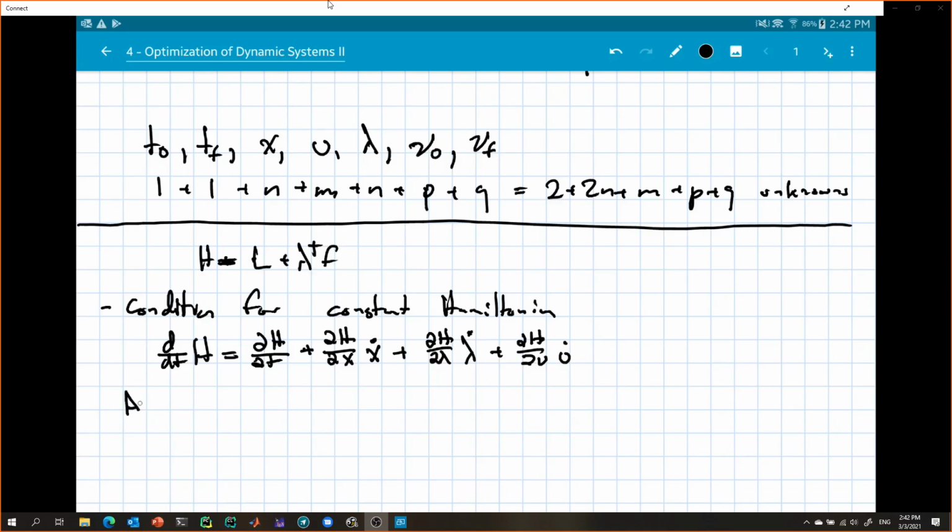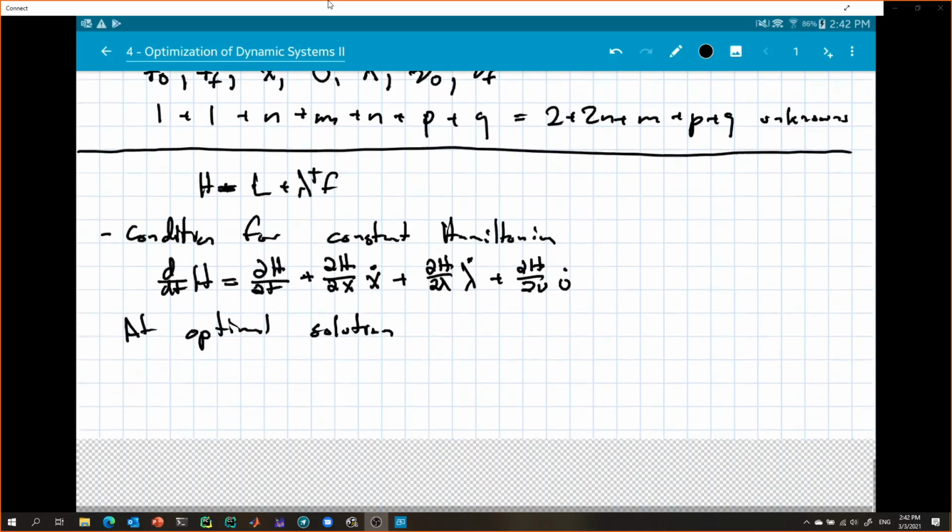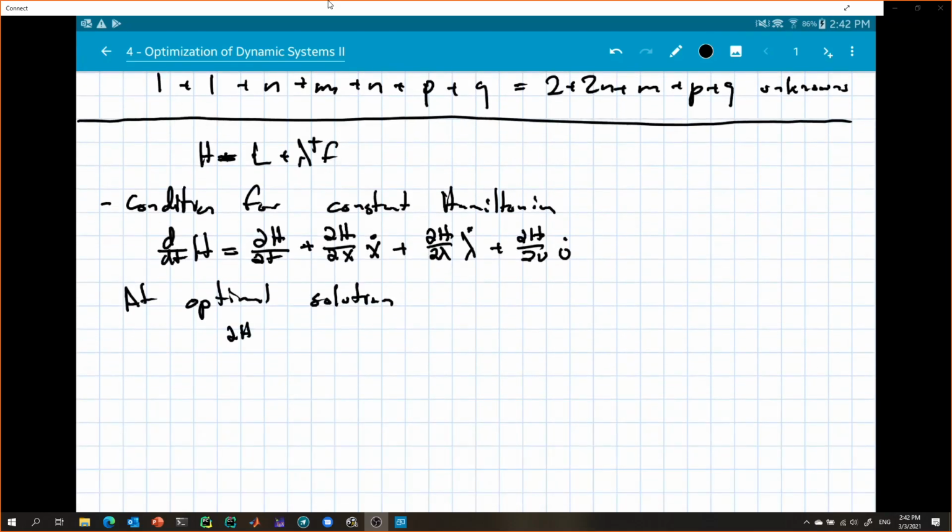And if we remember, for the optimal solution, the partial of the Hamiltonian with respect to the control is 0.